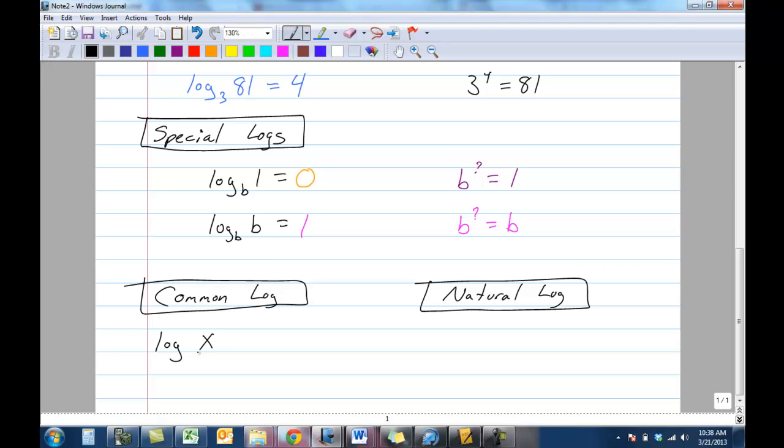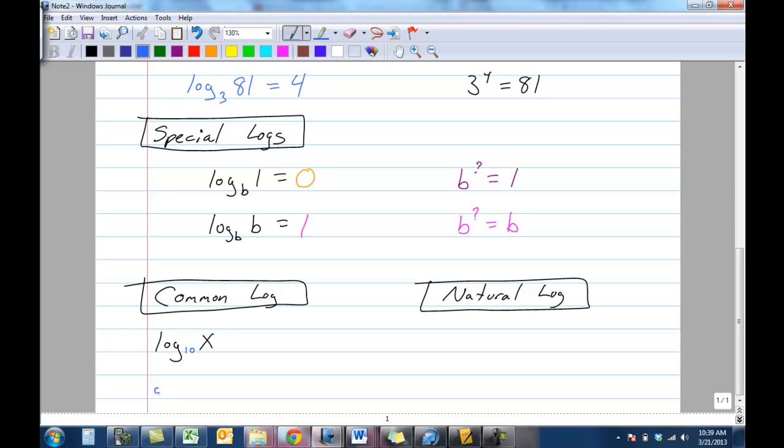What's missing? We're missing a base, right? When there's not a base there, there's going to be a base 10, all right? The reason why we are all about base 10 is this. We live in a base 10 world, or our numbering system is a base 10 system.